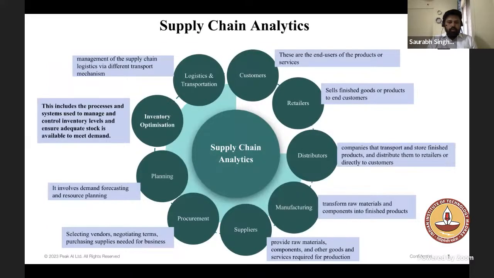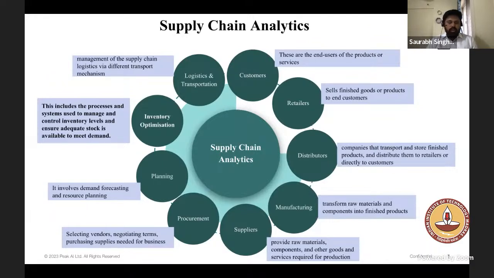Talking about the whole gamut of supply chain analytics, there are different entities involved in it, which are interconnected with each other, and hence create a sort of network which is exchanging information and is interdependent.